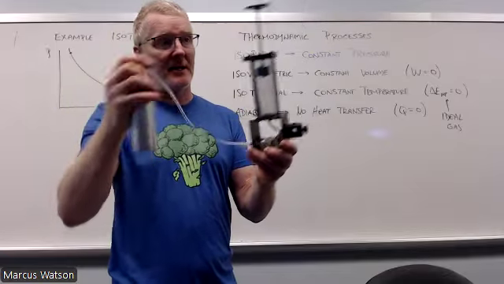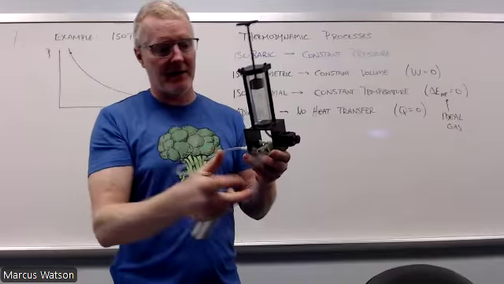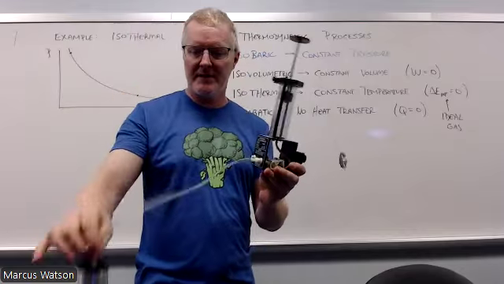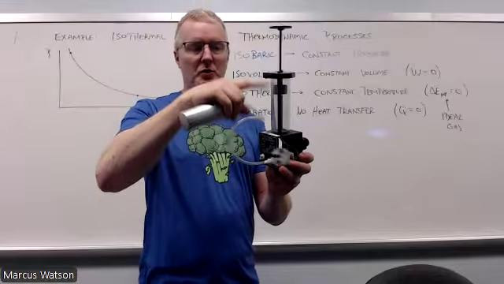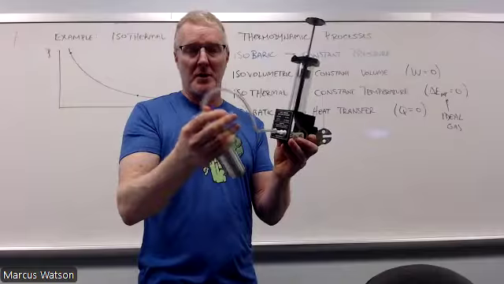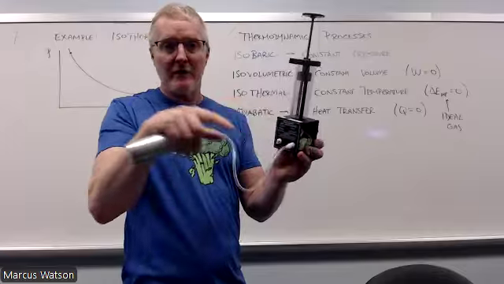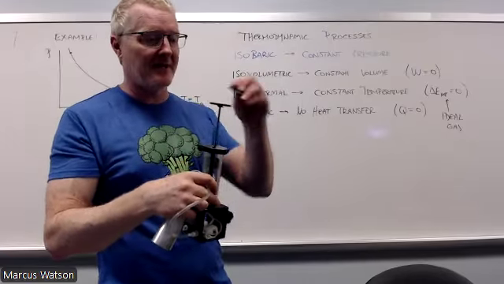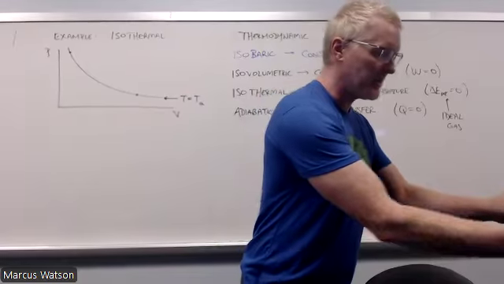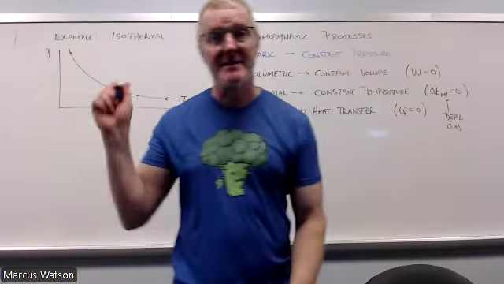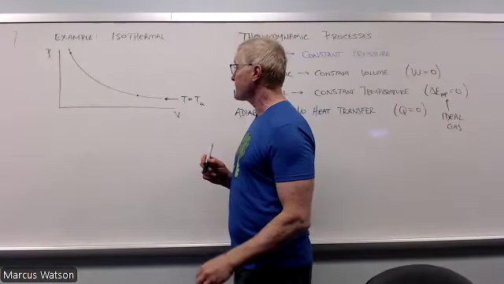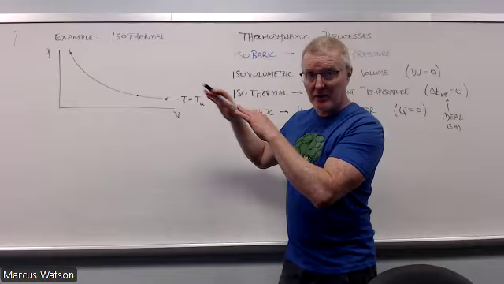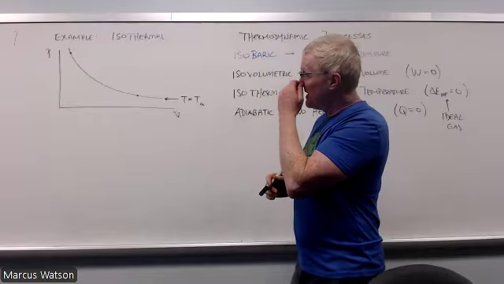I can push this, it bounces back. I can pull it up, it bounces back. I can put this into hot and cold, and this will expand or contract accordingly. But the amount of air that I'm talking about within the system is fixed. I'm not allowing any of it in or out. And that is generally true with the systems that we're talking about here. So again, same situation: no material in or out across the boundaries.